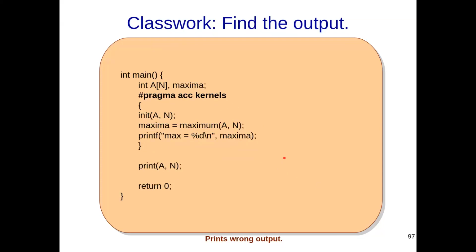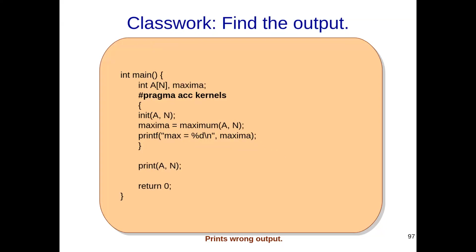Can somebody suggest why this is probably not working correctly in the context of kernels? Yeah, I guess it is not able to understand the dependency, that A has to be copied to maximum. Finally, the GPU result is there in the GPU, and that has to be copied into the CPU variable maxima.